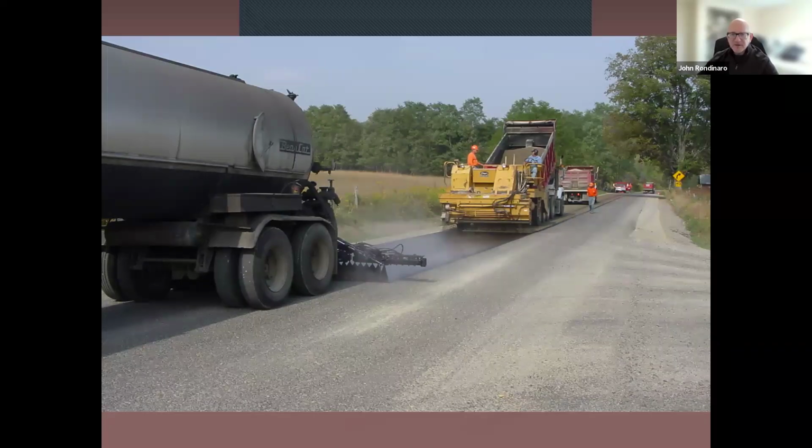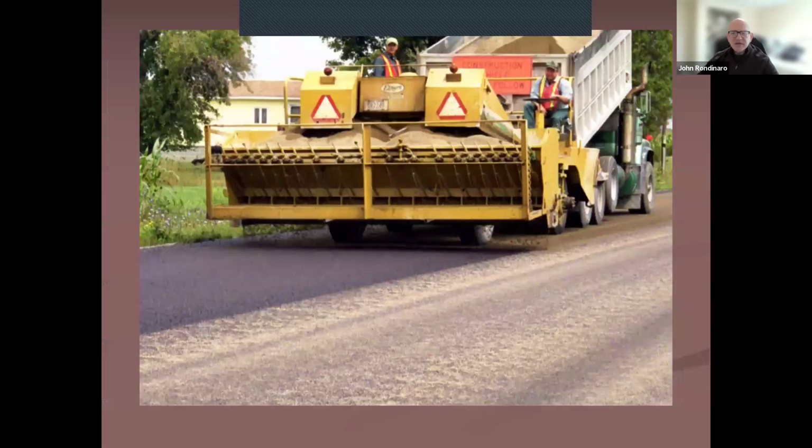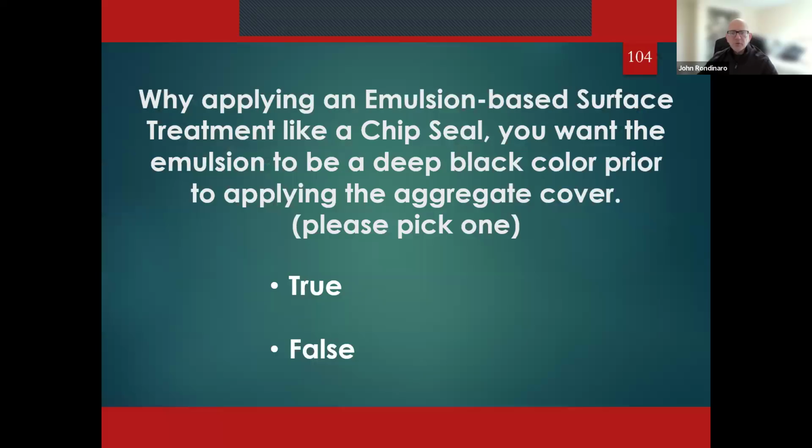That's real important, and we'll talk about that in a second. Sand seal, same thing, only you're using a fine aggregate, and again, you're looking at that emulsion being a nice rich chocolate brown.